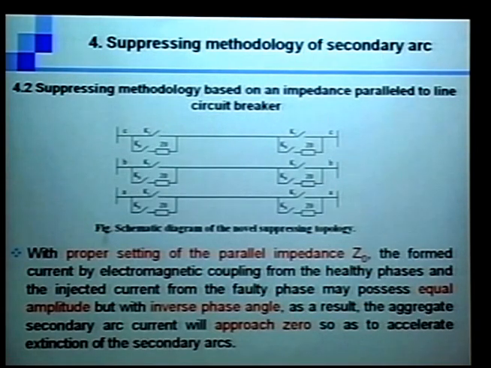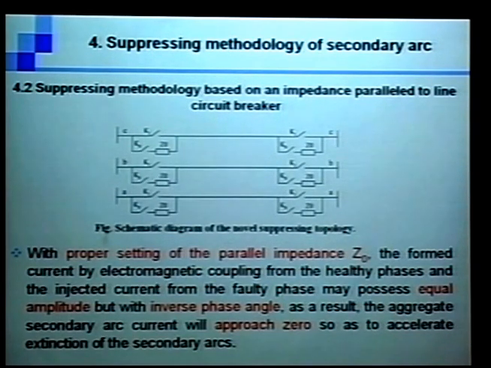That's the physics behind it, which means you can do the compensation completely. Theoretically we can do the compensation 100%, but in fact maybe we cannot achieve this.